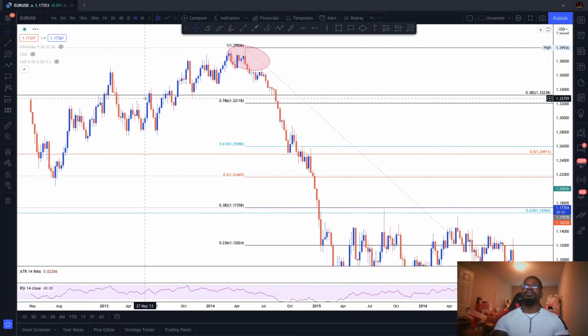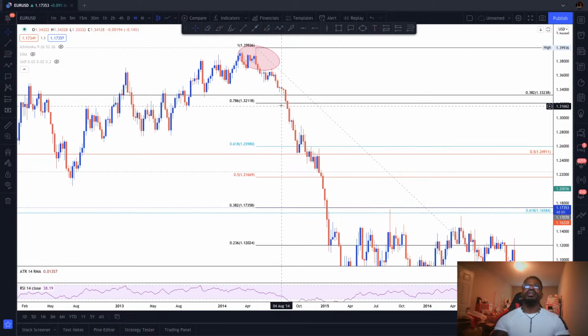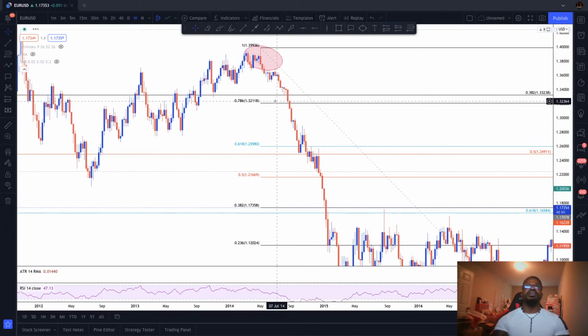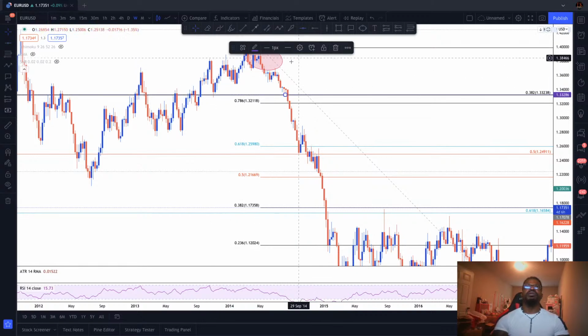Let's see what we have there. Honestly, I like this area a little more. But going for the 786 right underneath this resistance area, that's not a bad target point either.